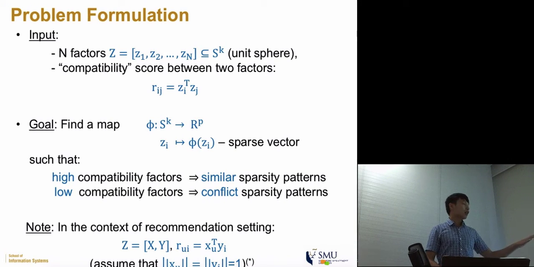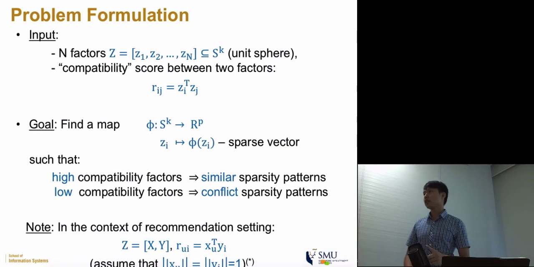But you need one assumption, which is that the norm of the two vectors is 1, which is not reasonable at this moment. Okay, but just assume that they are normalized vectors.